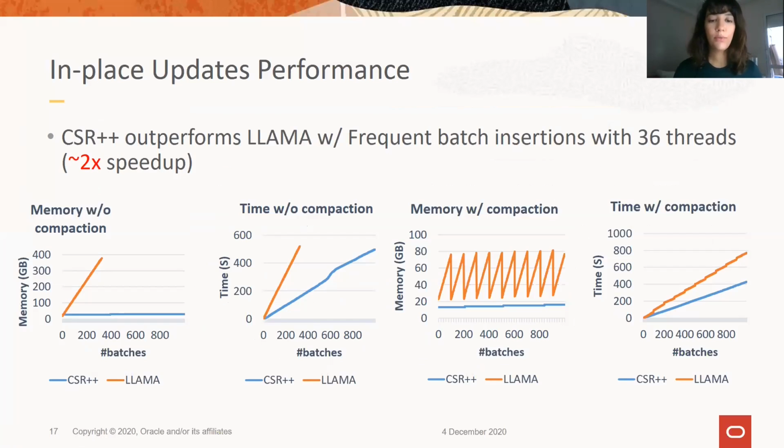In this slide, we talk about the in-place update performance of CSR++ versus Llama. What we did is apply 1,000 batches of insertions of new edges on CSR++ and Llama.